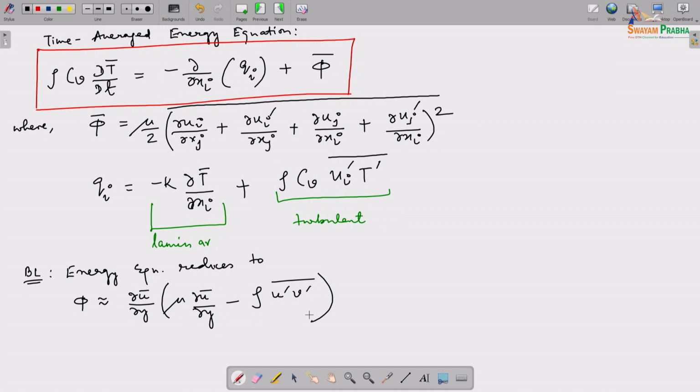Now, what are the total number of terms here? What exactly is different for a boundary layer?